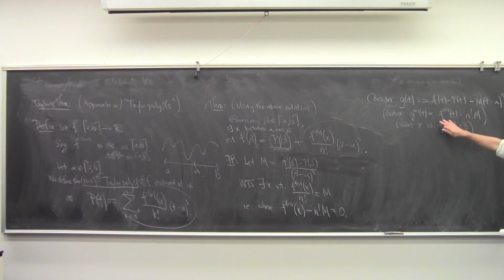When we take the nth derivative of this polynomial, it only goes up to the (n minus 1)th power, so you take n derivatives of it and it vanishes. And when you take this thing n times, you get n factorial, because at the end you're going to get a 0 here, which will kill off this term. Each time you get n minus 1, n minus 2, et cetera.